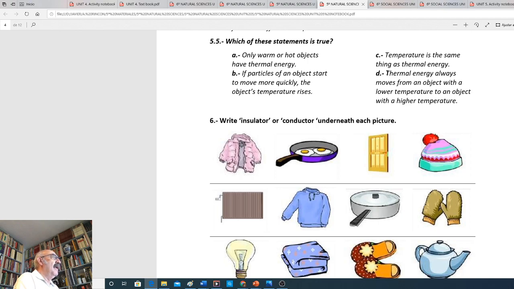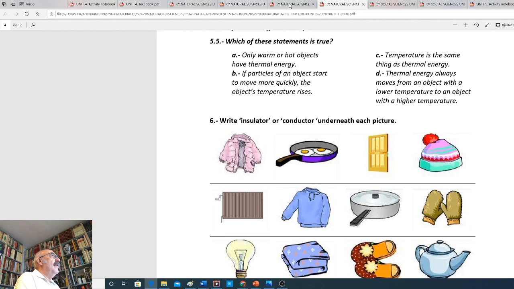And D, thermal energy always moves from an object with a lower temperature to an object with a higher temperature. Impossible. So C and D are wrong, and A is wrong, because no matter the temperature, all objects have thermal energy. So the only correct answer in this case is B.